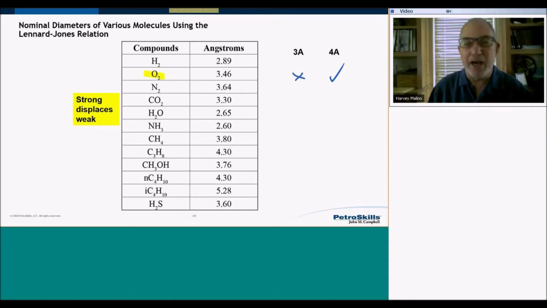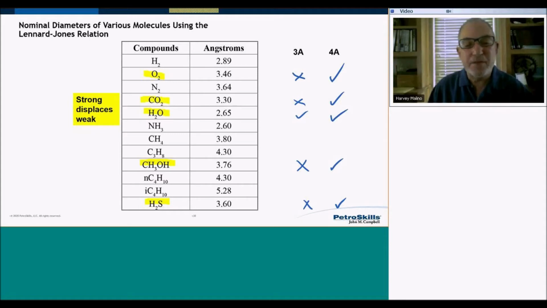Oxygen will not go into 3A, but it will go into 4A. CO2, same deal, because it's 3.3 angstroms versus 3 angstroms. It's not going to get into the 3A, it will into the 4A. Water goes into both. Methanol only into 4A, and H2S is not going to get into the 3A, but it will get into the 4A.